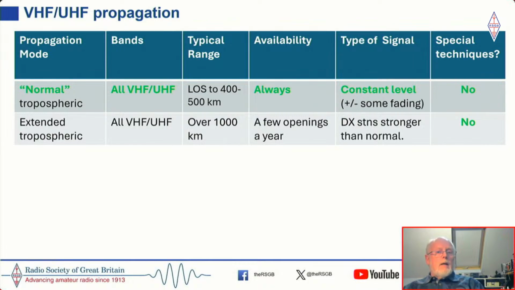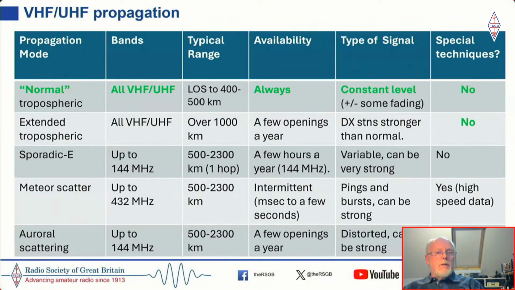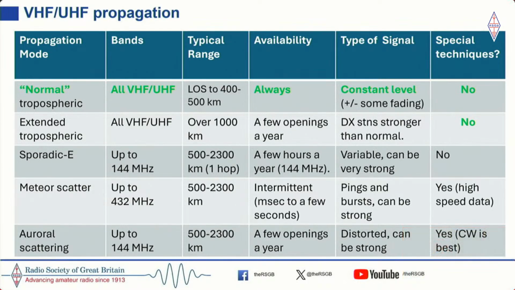Okay. I'll then just put together 3 groups of propagation, all of which are to do with things happening in the E layer of the ionosphere, and one hop off that gives us a range typically of 500 to 2,300 kilometers, but not all the time.